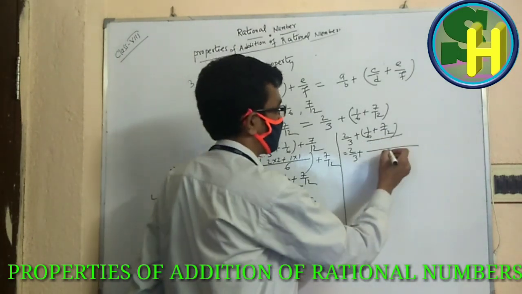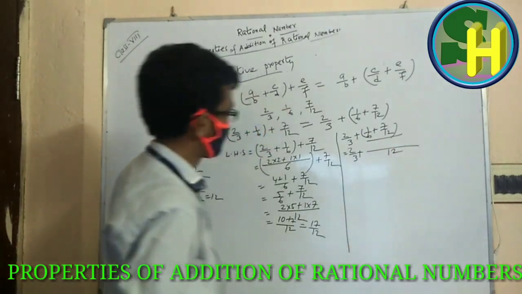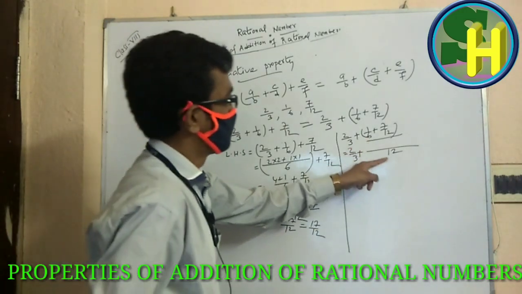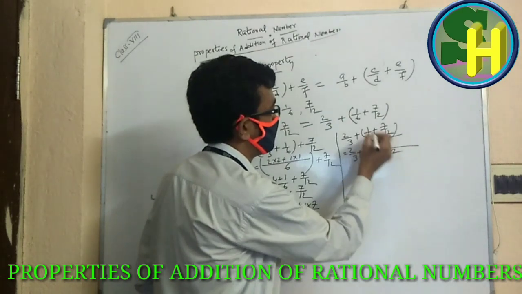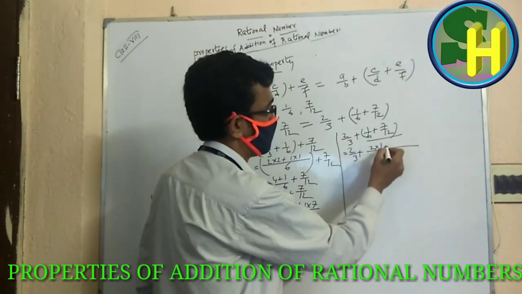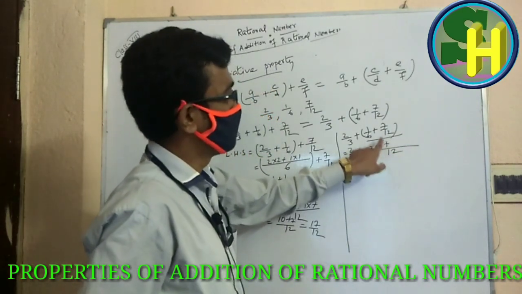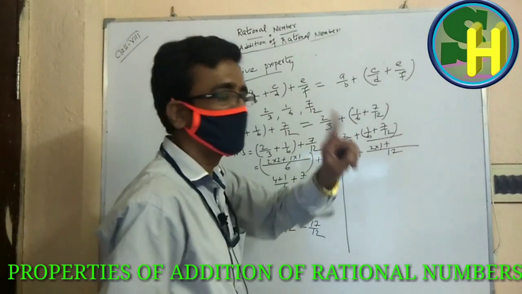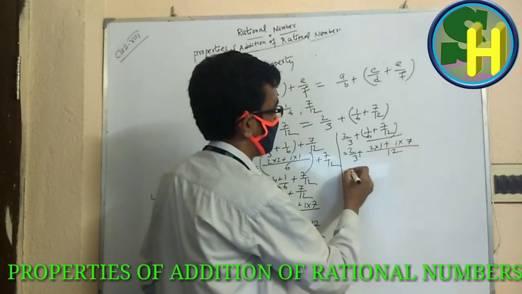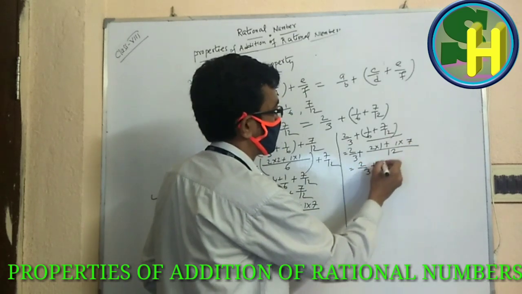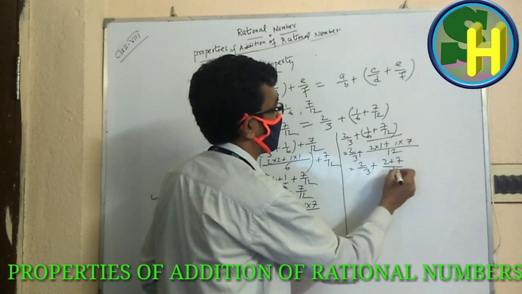LCM is 12. 12 divided by 6, that is 2, 2 multiplied by this numerator, that is 1, plus 12 divided by 12, that is 1, multiplied by this numerator, that is 7. So 2 by 3 plus 2 plus 7 by 12.